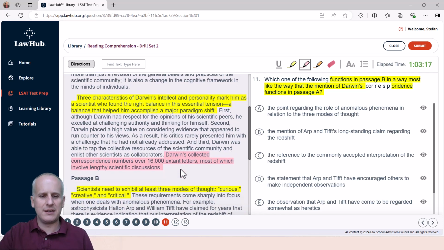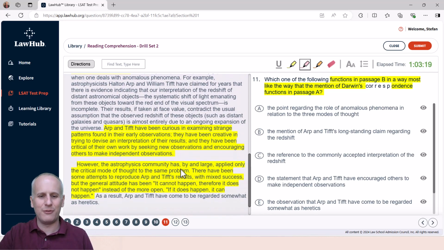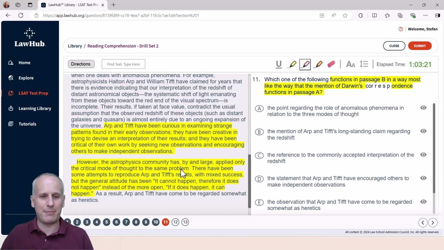So we then can go into passage B, and we just want to find something similar to that in passage B. It just so happens that our highlighted sentence at the end of the first paragraph of the second passage is that similar kind of exemplifier of these two scientists, Halton Arp and William Tifft, whom we in other videos have been calling A&T, and how they did the same kind of collaborative work to try to work through their theories.